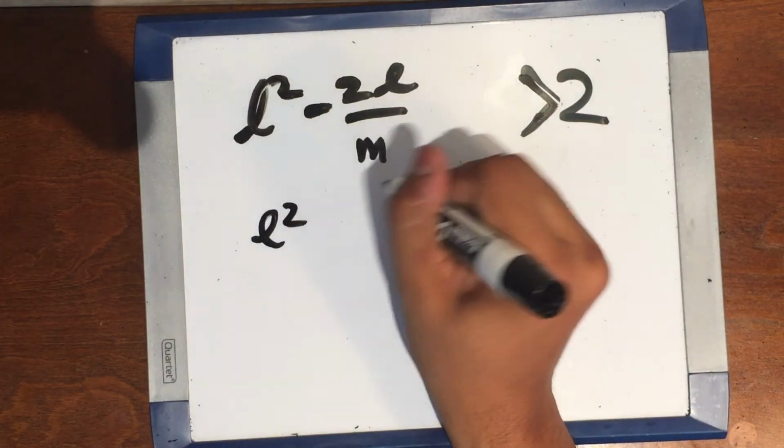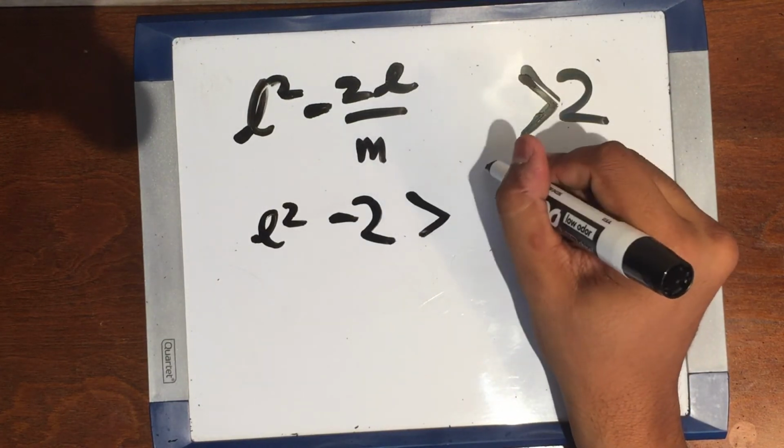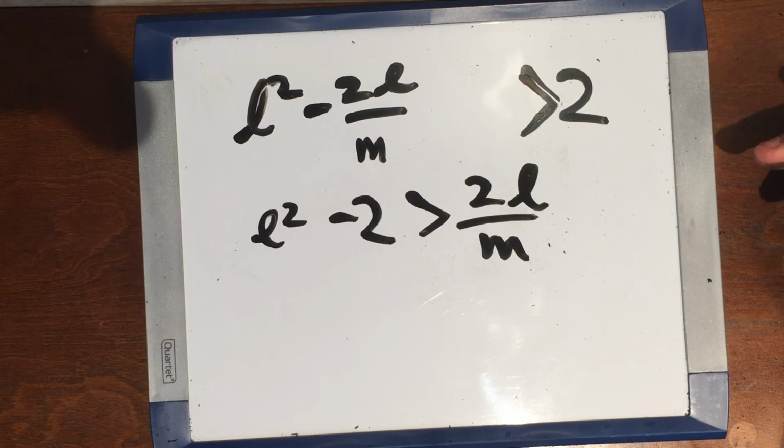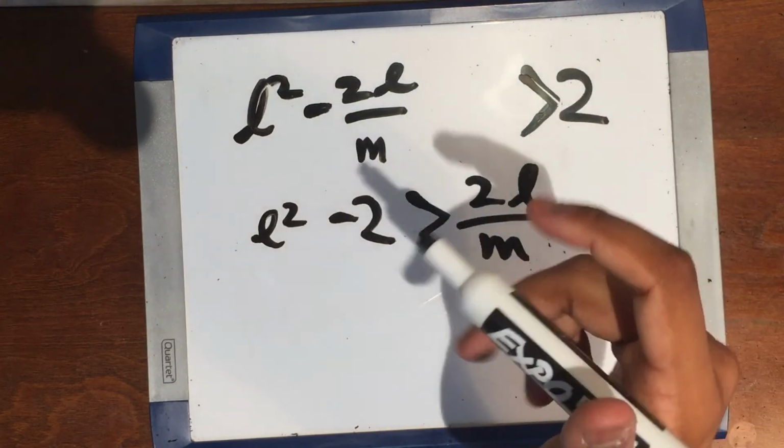L² - 2 is greater than 2L/m. And since we already know that L is less than 2, it suffices to find m with L² - 2 greater than 4/m.